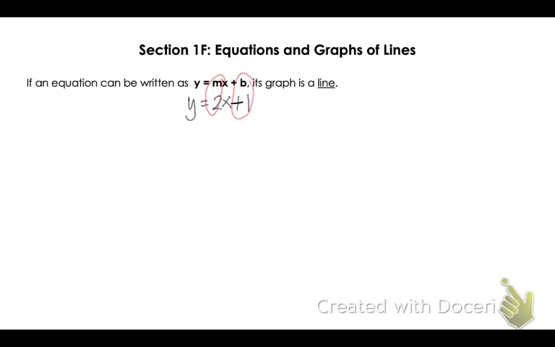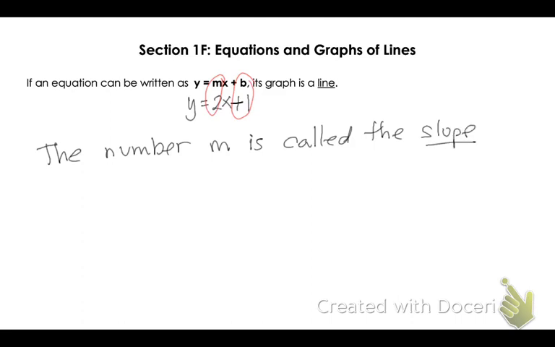We give those numbers names. That number m is called the slope, and we're going to beat slope to death in the next couple of slides. And that b tells you about the y-intercept.